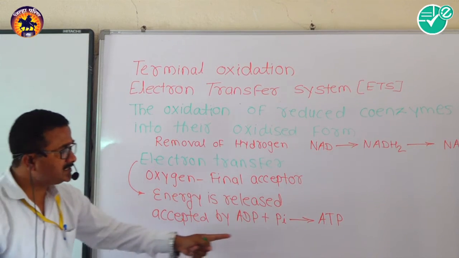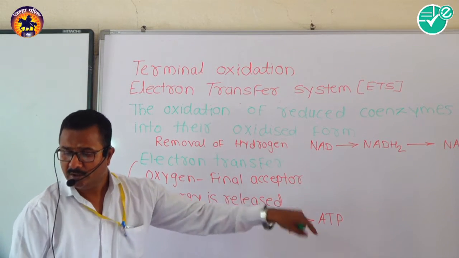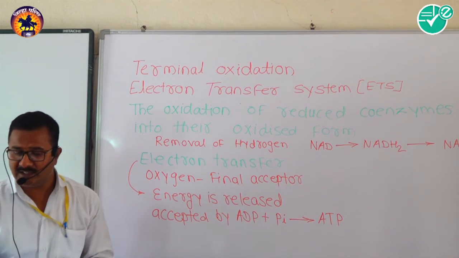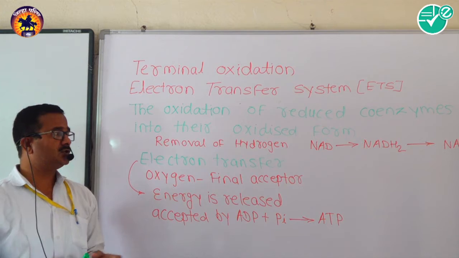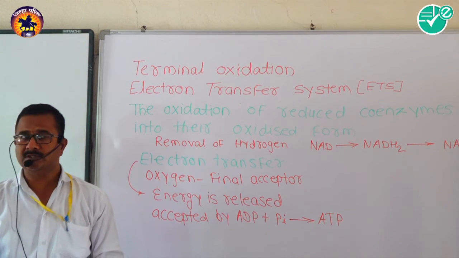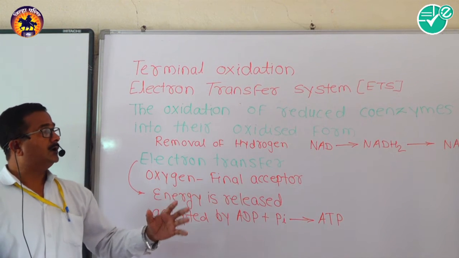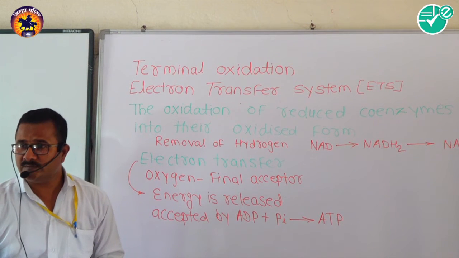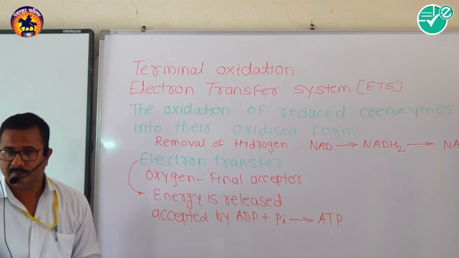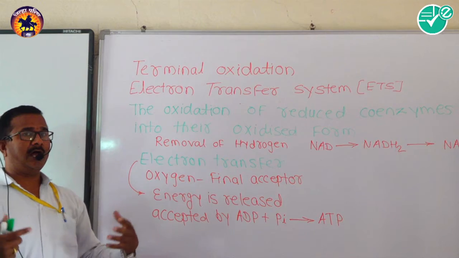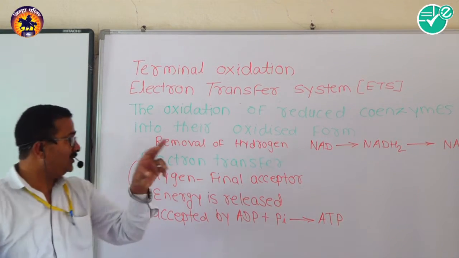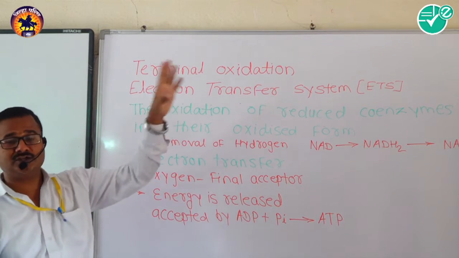So the synthesis of ATP molecule during the electron transfer with the help of energy released is called the oxidative phosphorylation. Means this terminal oxidation or the electron transfer system involves so many processes. Oxygen is the last electron acceptor, means the oxidation occurs at the last, therefore it is termed as the terminal oxidation.